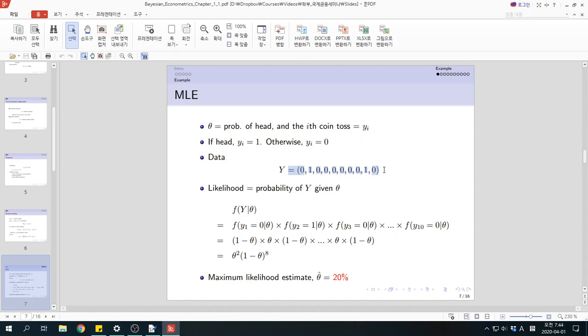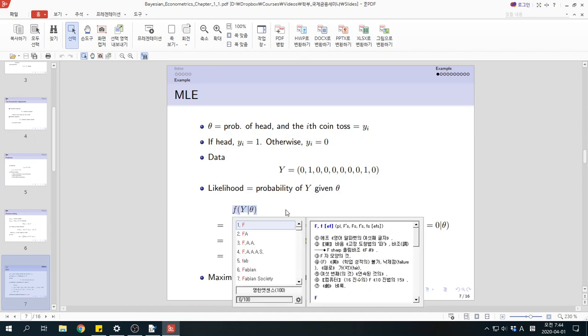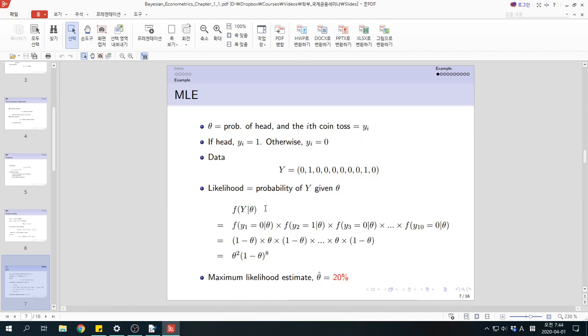You cannot change y. The function value changes with theta, because theta is the only thing that varies.